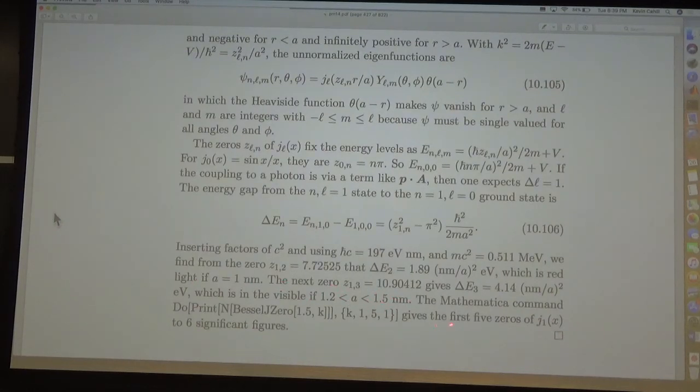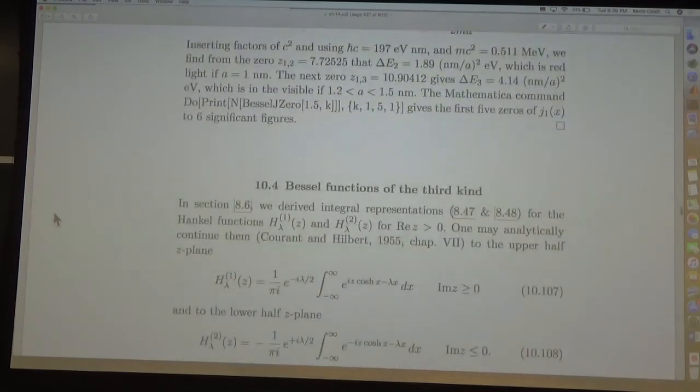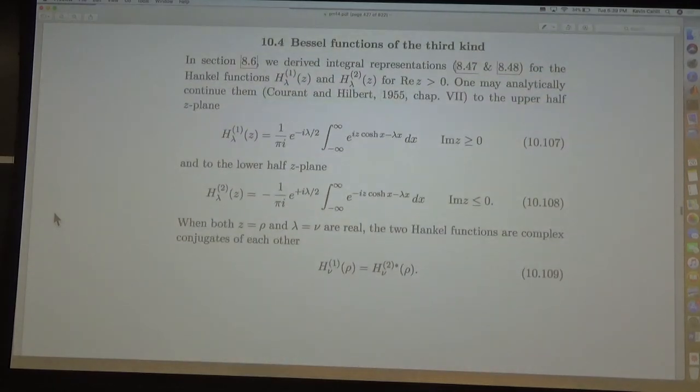And there's just a remark about Mathematica: Bessel functions of the third kind. We were talking about Bessel functions of the third kind back when we did integral transforms. And we showed we could write the Hankel functions in this way.